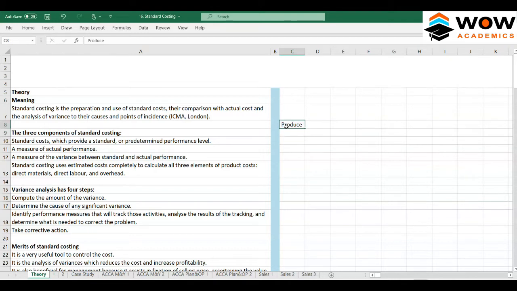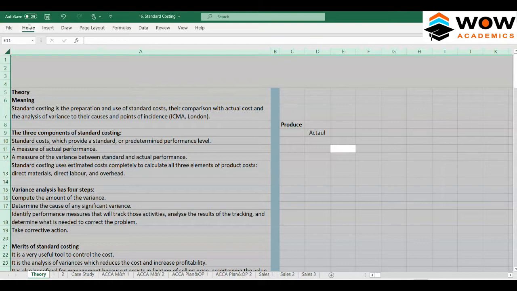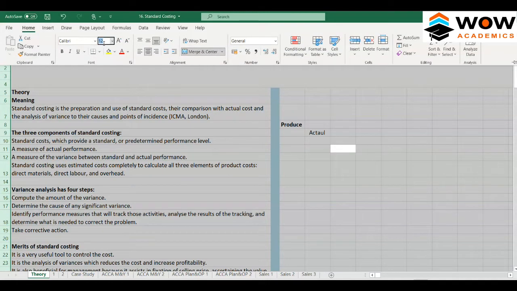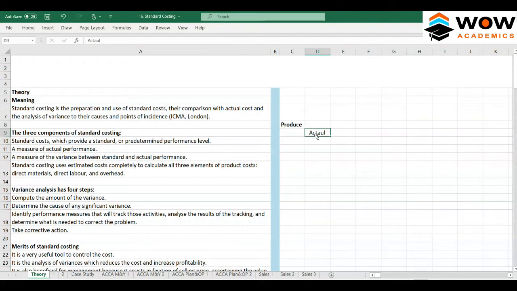You produce, and thereafter you know the actual cost. The actual cost comes to something like 100. After that, will you add a profit and find out the selling price?